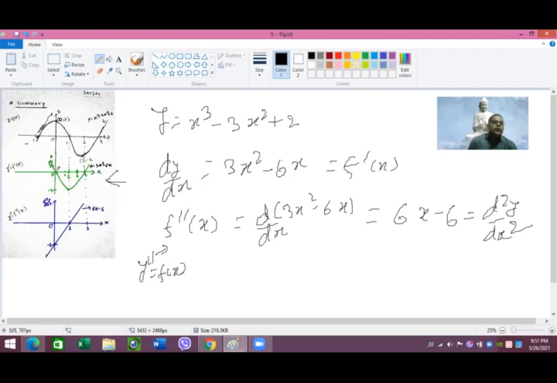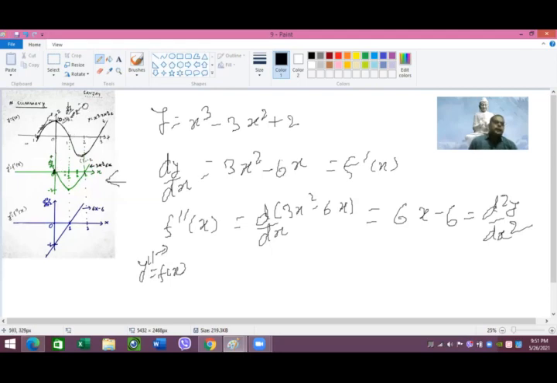Now at 0, what happens? You can see that at 0 this is the maximum point, apparently. At this point, the dy by dx value, that is the f dash x value, is 0.